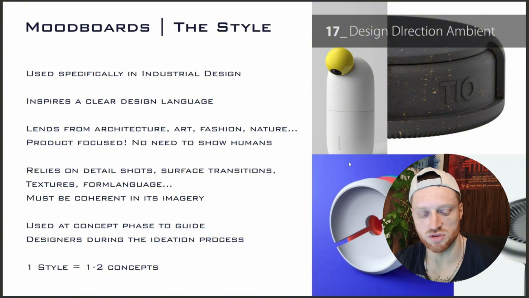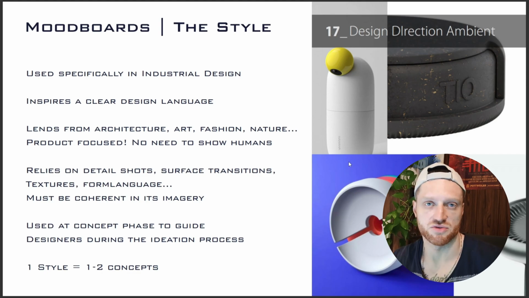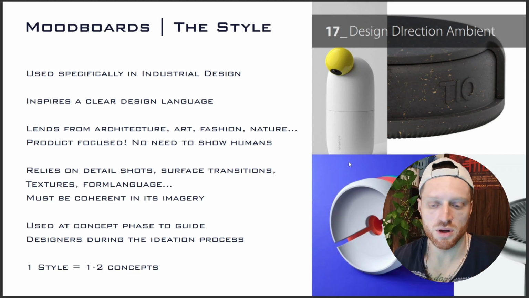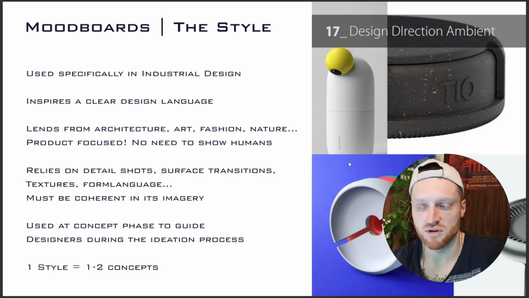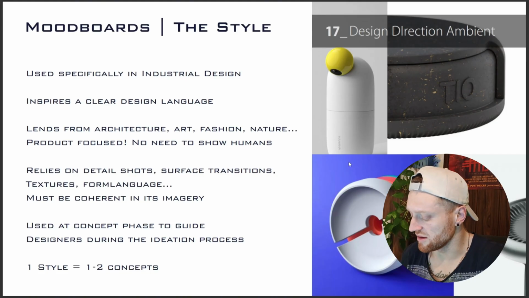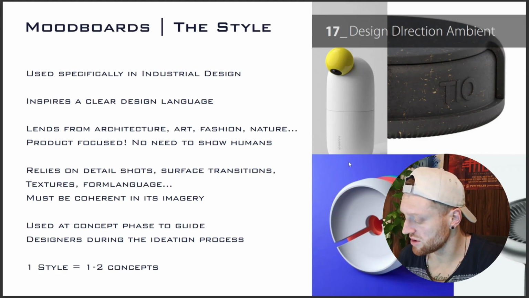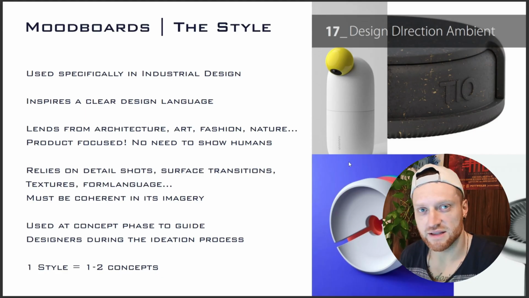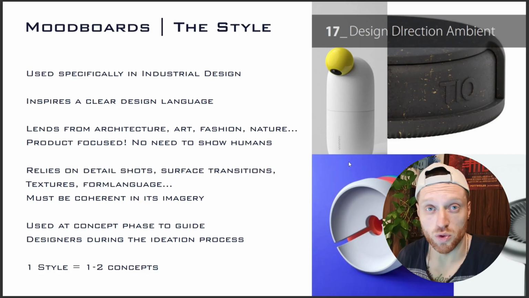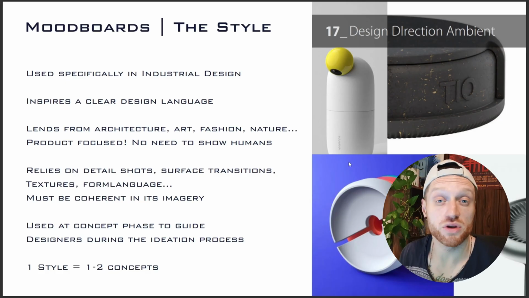I would say this is used directly in the concept phase, mostly by designers during the ideation process, right? So they have a reference to work from and to develop concepts of in a certain style. So they can always, if they are coming up with new shapes, look back at the inspiration in the mood board, the Styleboard, and refine the ideas to align them more towards that direction that was communicated and already, let's say, confirmed by the client.